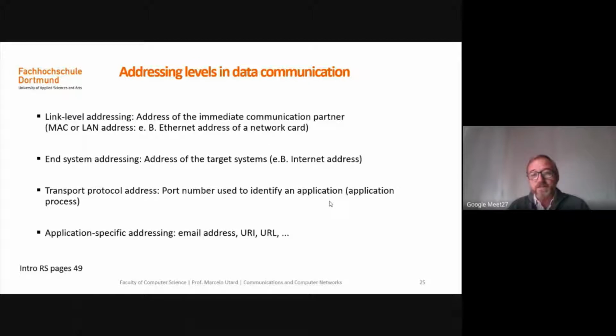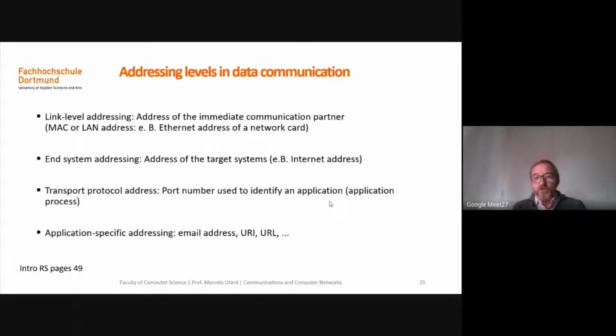For instance, the FQDN, the fully qualified domain name, that is the address used in the DNS, the domain name system, or for instance the email addresses in order to exchange mails. The email addresses in fact use the FQDN from DNS.